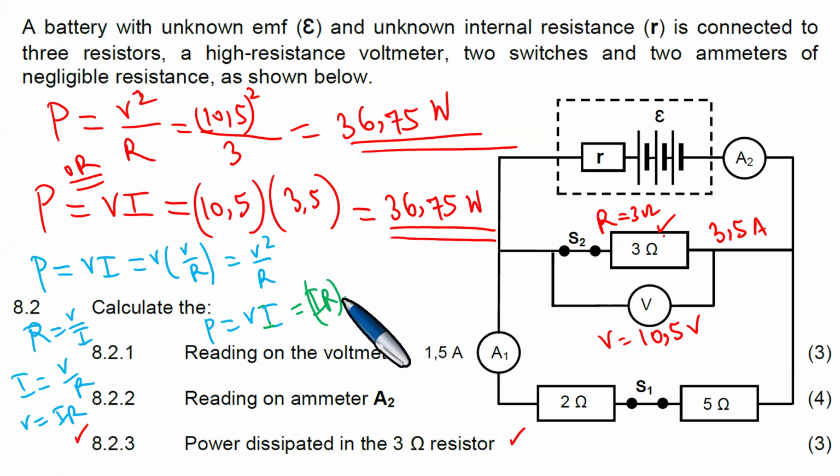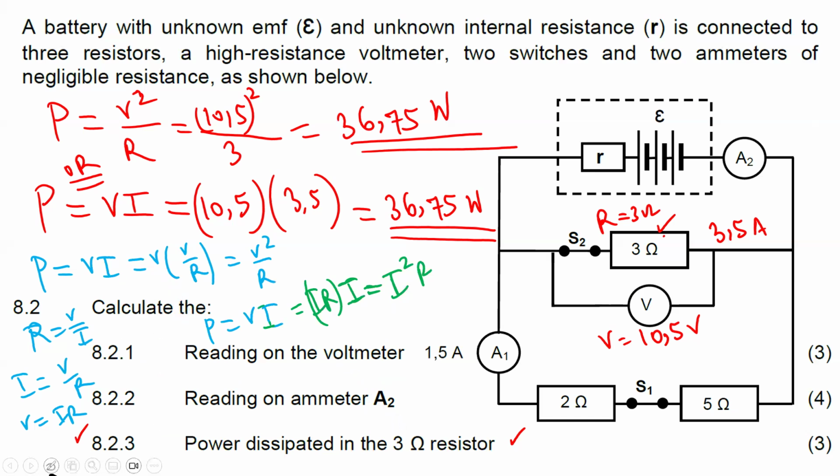It's IR times I, which is I squared R. So power is V squared over R, I squared R, VI.